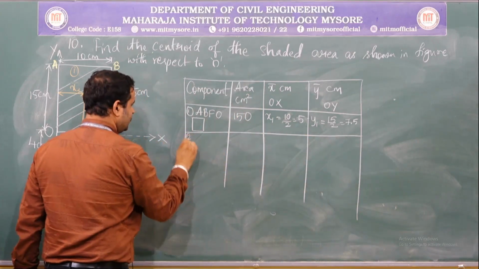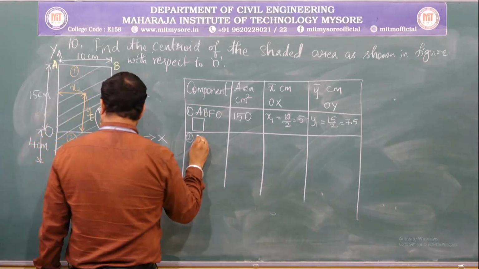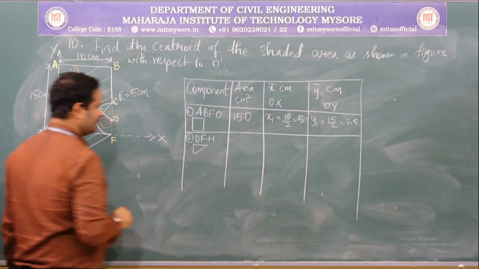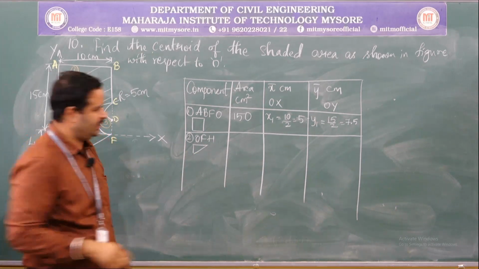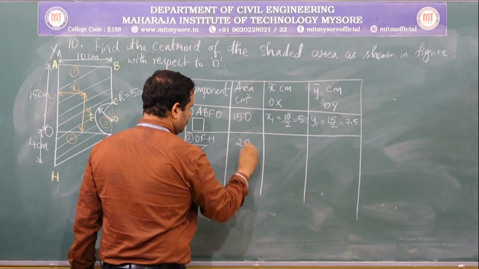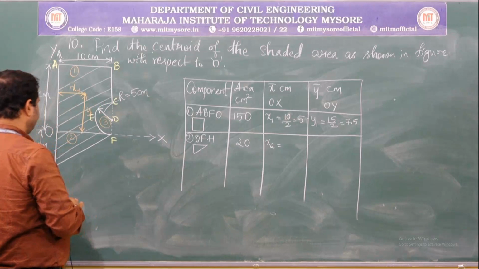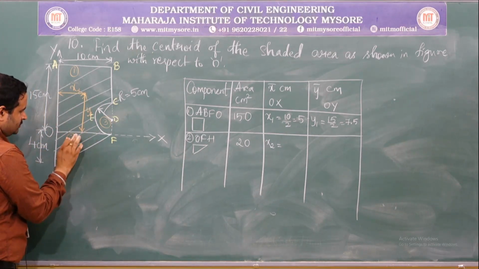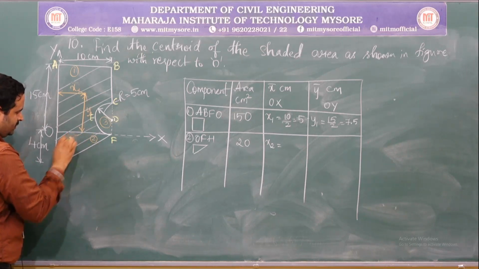Now, coming to the second component, which is this triangle OFH. The area of this triangle is 20 centimeter square. X2 is equal to, you need to locate the centroid somewhere here.